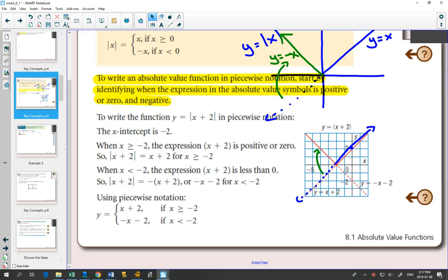And we take the part that got flipped up, and you can write it like this, or you can take the original and just put a negative in front of it. Because flipping it over the x-axis means you can take the original equation and multiply it by a negative 1. And so the part that gets flipped is when x is less than negative 2.